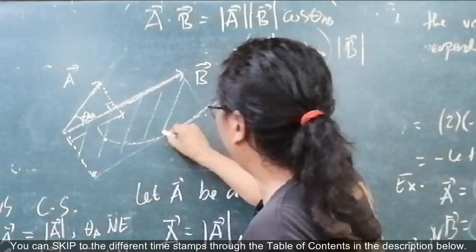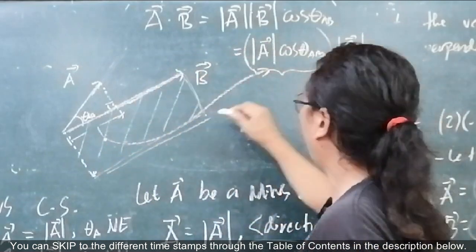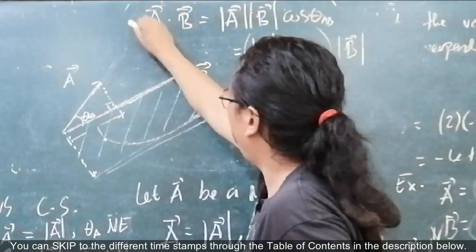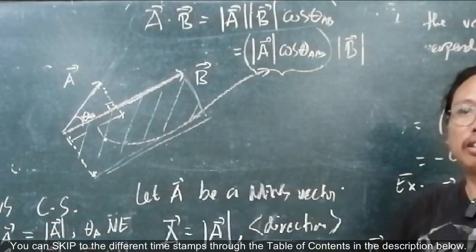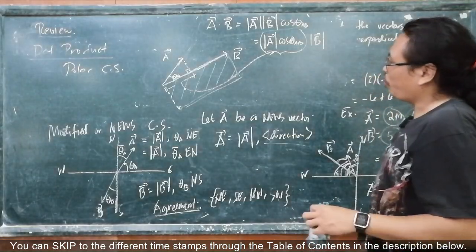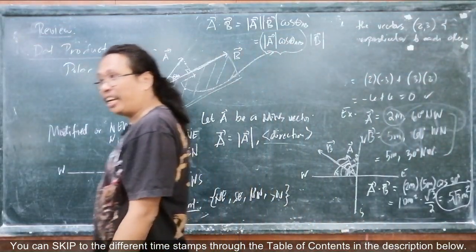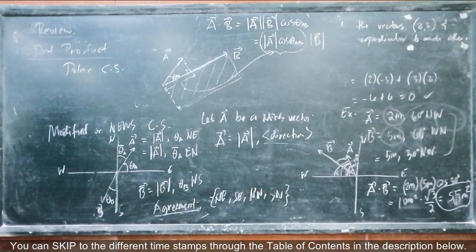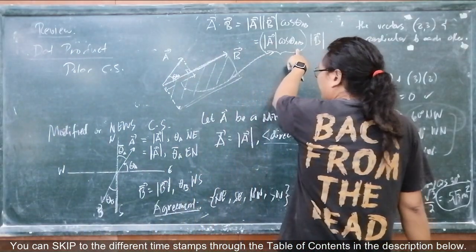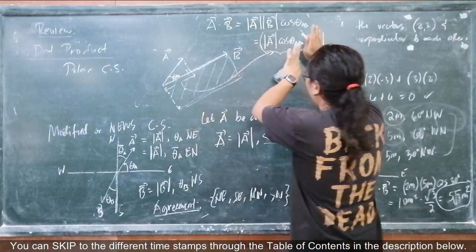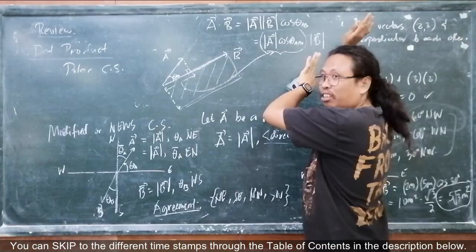This area here is what we call A dot B. That area there. But we are not actually interested in this area. What we are interested in is the A cosine theta AB part of this product here.